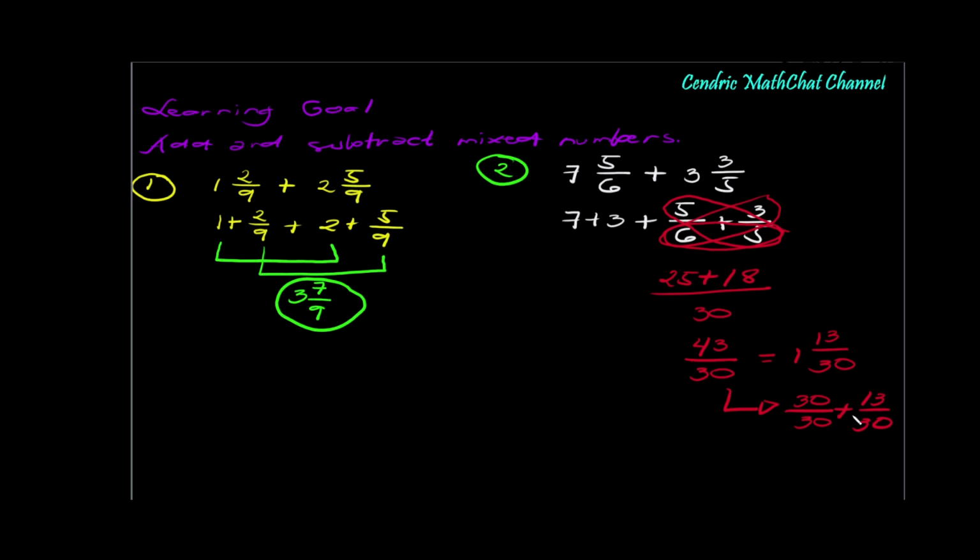And then we can add our whole numbers here. So we have 10 plus the whole number, which will give us 11 and 13 all over 30.